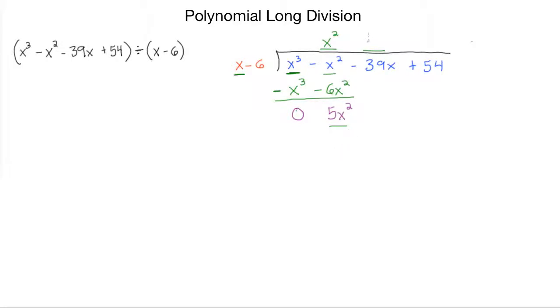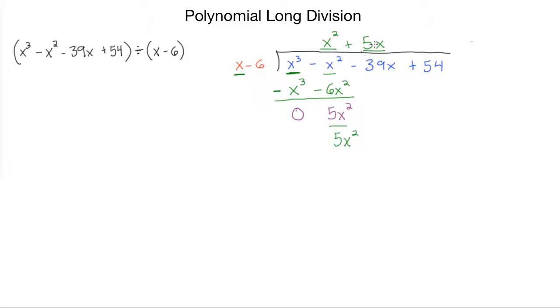Well, I'm going to have to multiply it by 5x, and it's going to be a positive. Here we go. We do the same thing again now. 5x squared, I take all of this, multiplied by the x, gives me 5x squared. That's what I wanted. I want these two things to be identical, so they subtract out to 0.